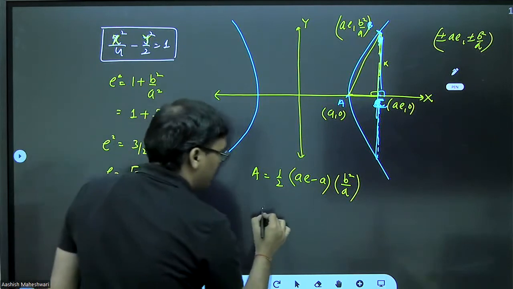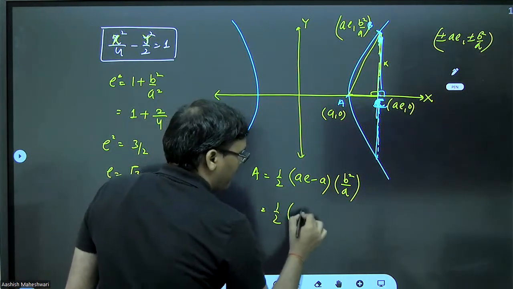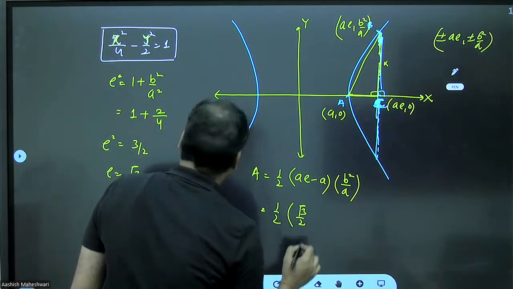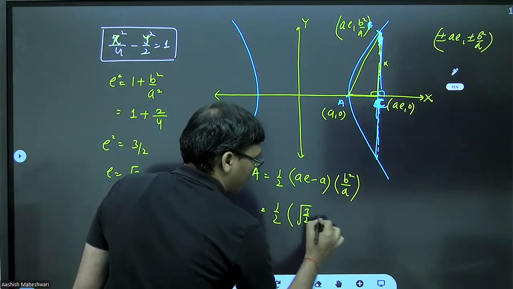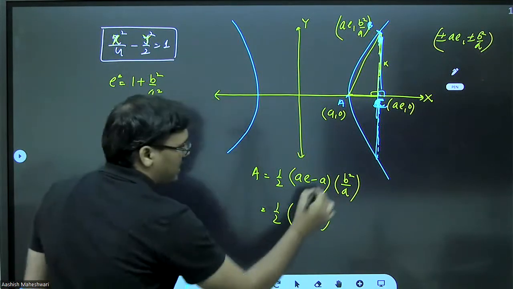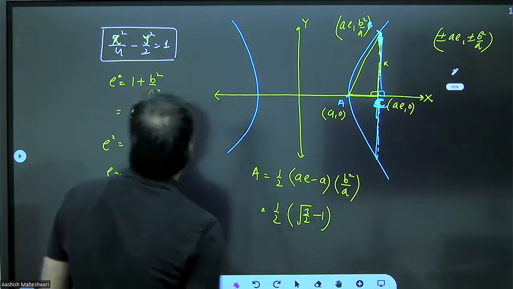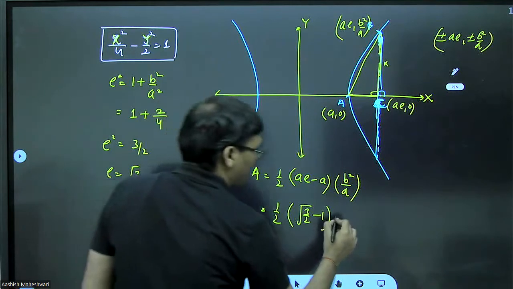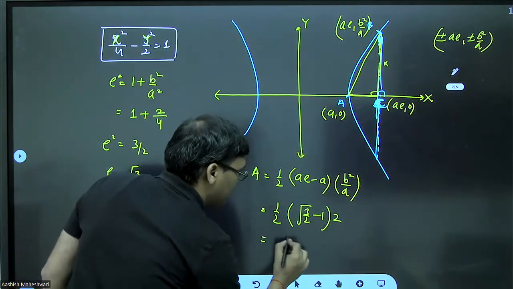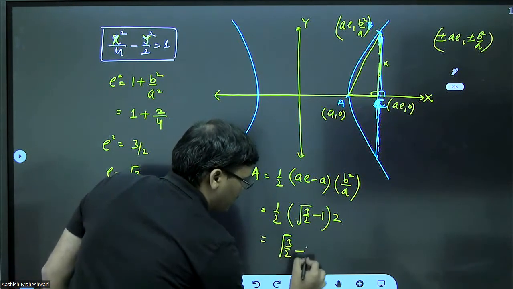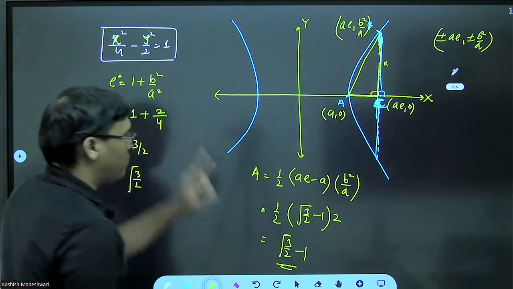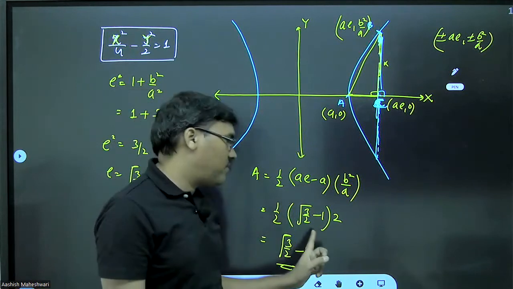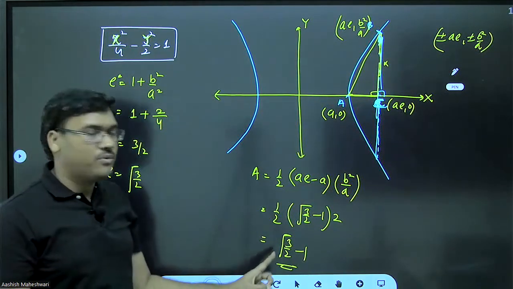So now this is 1 by 2 times (root 3 by 2 minus 1) into A, and the A will get cancelled out. So what is B square? B square is equal to 2. A square is 4, B square is 2, and E's value we just calculated. This is root 3 by 2 minus 1.